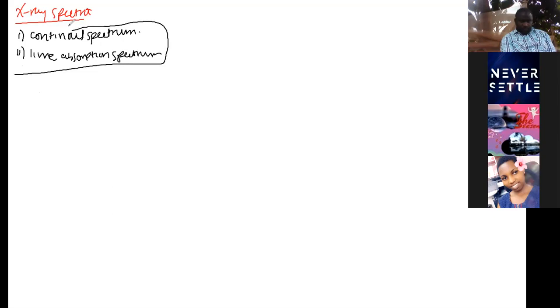So these are the two spectra for X-rays. And these two spectra for X-rays basically depend on this. One, the continuous spectrum depends on multiple collisions of the electrons with the target atoms.